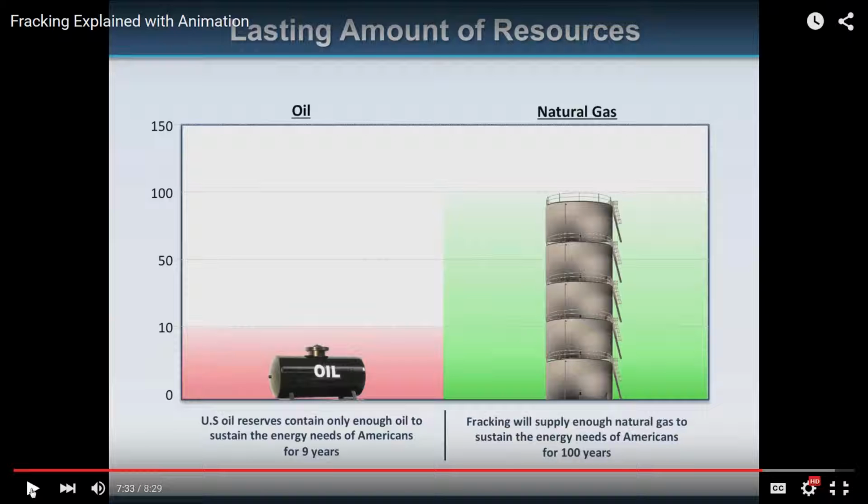Otherwise there's more potential for earthquakes and maybe even pollution of the aquifer, which would be a terrible thing. But we'll look at repurposing those fracked-out reservoirs.